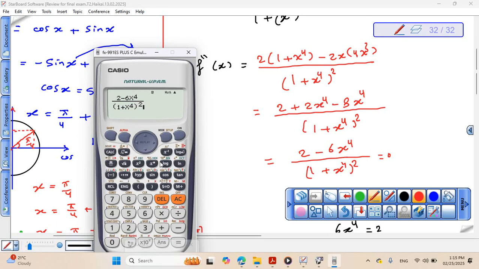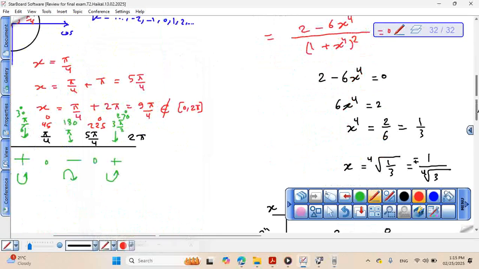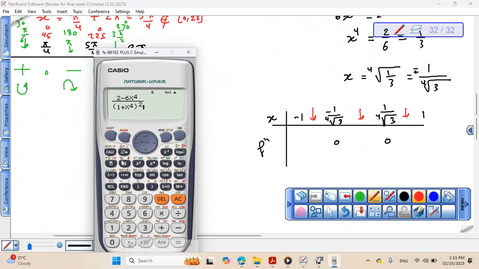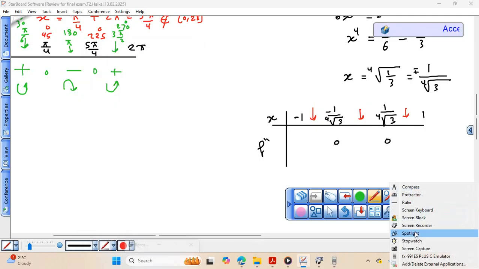Now we can calculate in the table here to check where the function is concave up and where it is concave down. Maybe I can use another calculator.